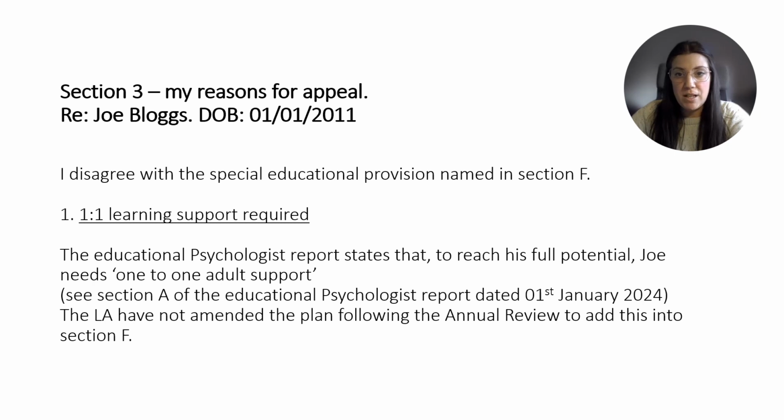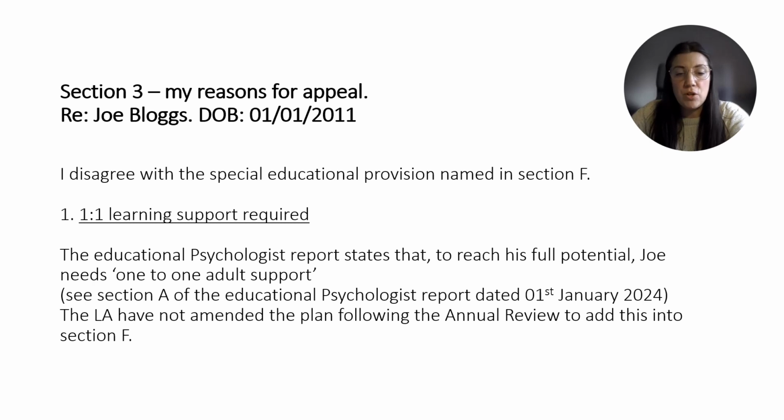So here's another example, and this example covers if you're appealing section F of the plan, so the special educational provision. And again, it states section 3, my reasons for appeal. It states the child's name and their date of birth, and states I disagree with the special educational provision named in section F. Reason 1, one-to-one learning support required.